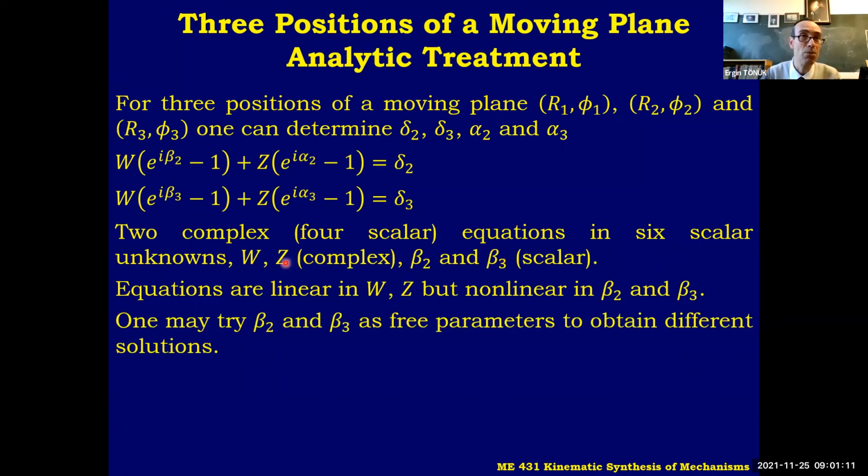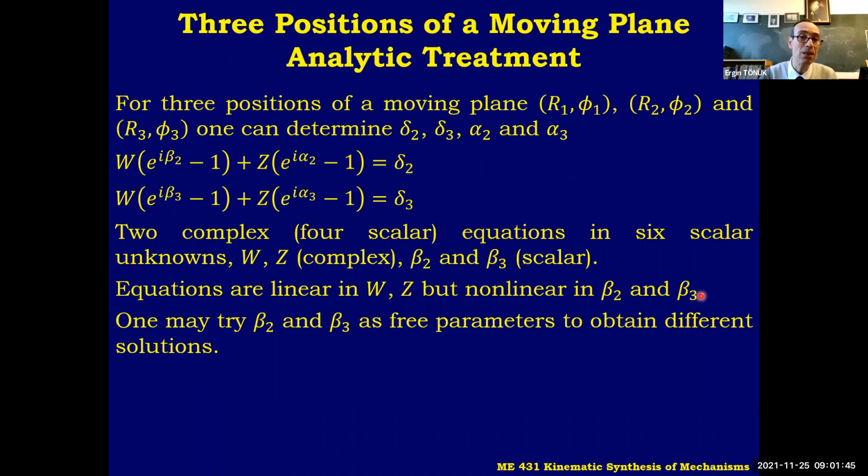W and Z are complex, so we don't know their real and imaginary parts. And beta 2 and beta 3 are real angles, which we can say are scalar. So we have actually 6, if you like, scalar or real unknowns. Now, the good thing is dyad equations are linear in terms of these two complex unknowns, but nonlinear in beta 2 and beta 3, the angles.